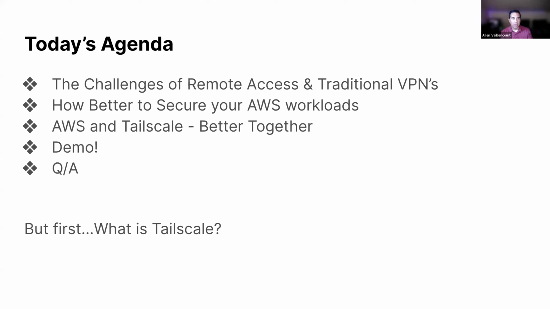They're huge. But if you haven't planned accordingly, you could actually be a little more detrimental to your security footprint. So we're going to discuss that a little bit. Then we're going to talk a little bit about AWS and Tailscale, how we're better together, why both products work seamlessly to secure some of these workloads, and then as well as a demo.